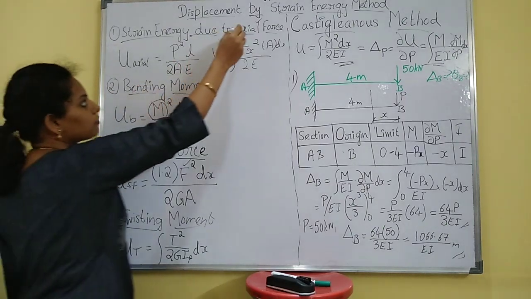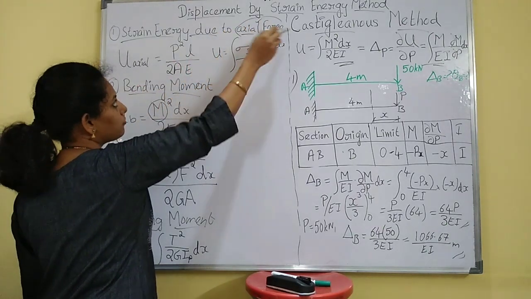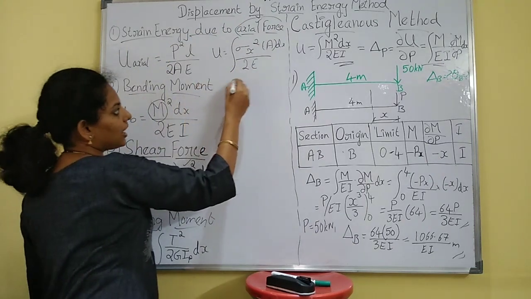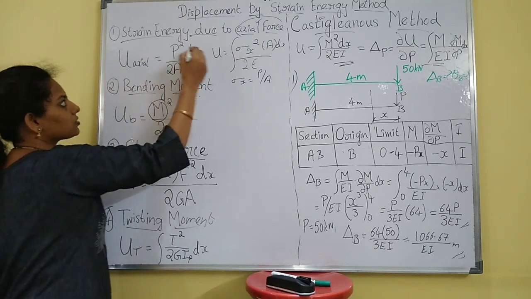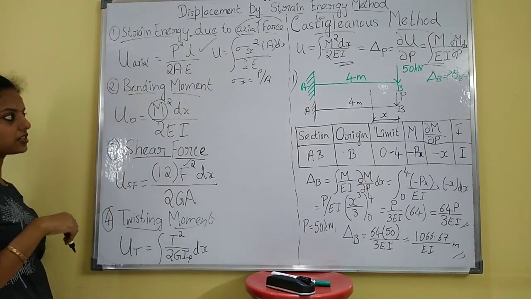So if you want to find the strain energy for the actual force, that is P, you know that sigma x is equal to P by A. Just substitute here and you will get this equation, that is U actual.